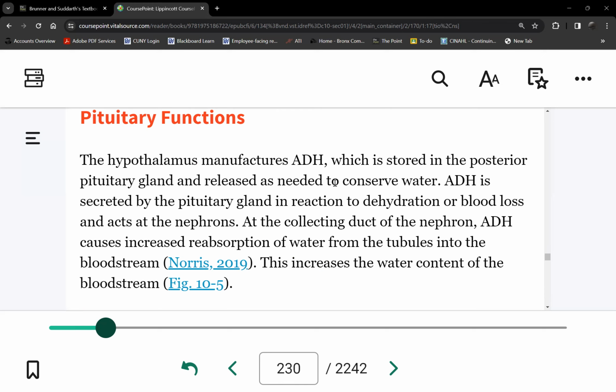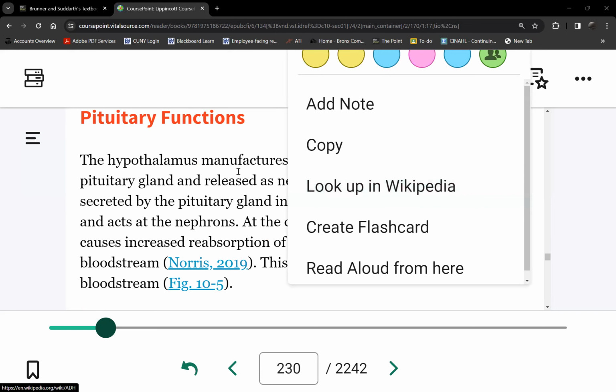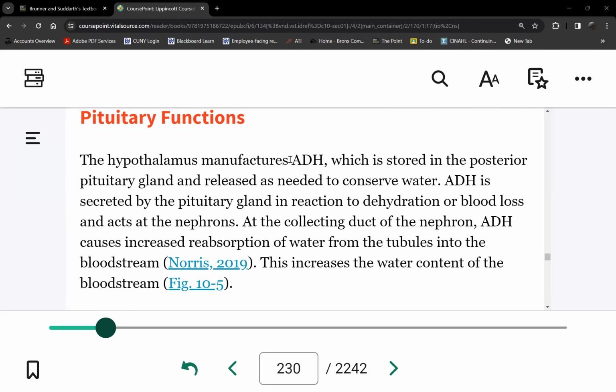To make the long story short, the hypothalamus makes ADH, but the decision to release it or not is determined by the pituitary gland, the master gland, which constantly monitors the concentration of the bloodstream.